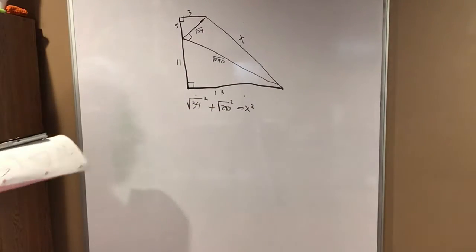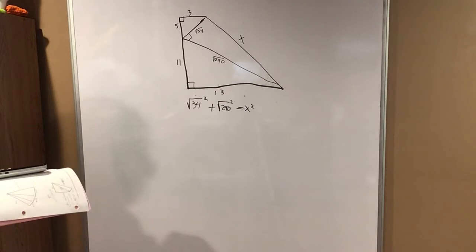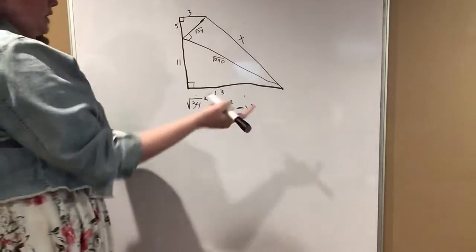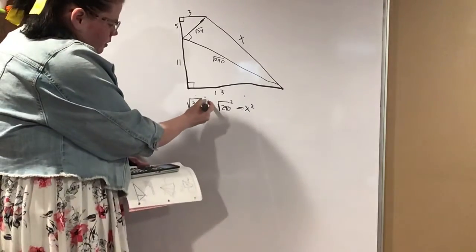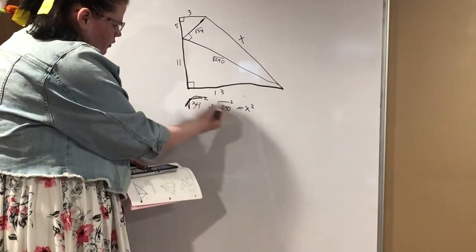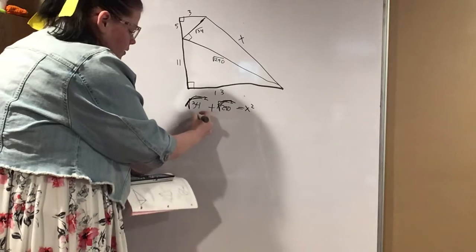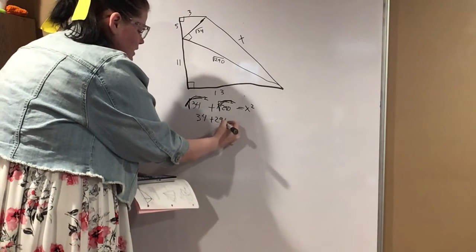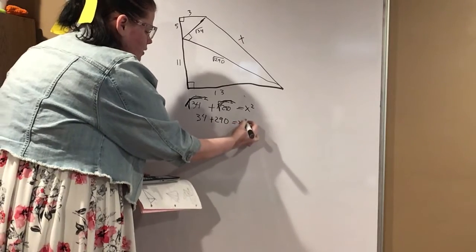Well, what's the opposite of a square root? The opposite of a square root is squaring. So this is the reason I left it under the radical, because these will cancel each other out. So now I'm just left with 34 plus 290 equals x squared.